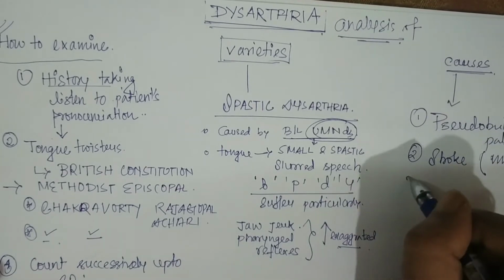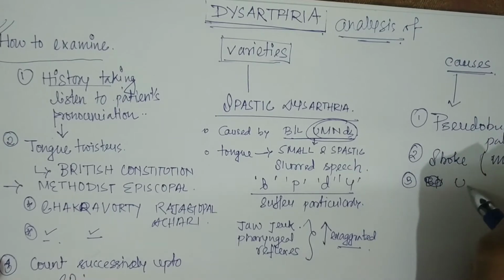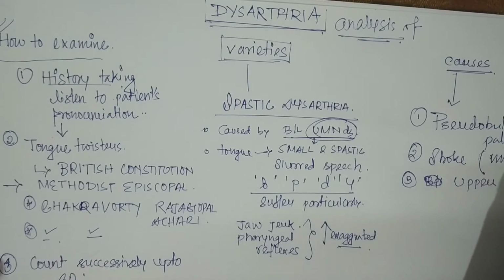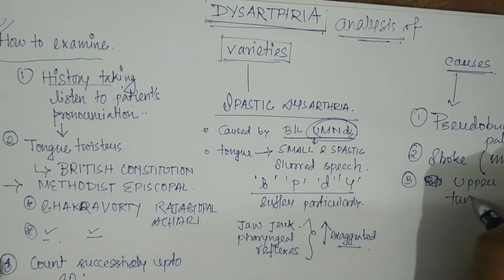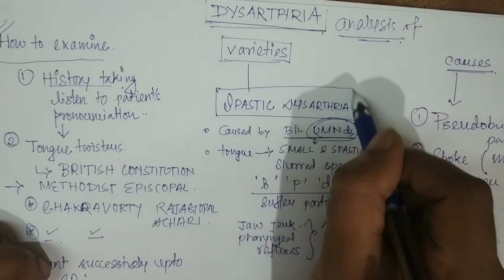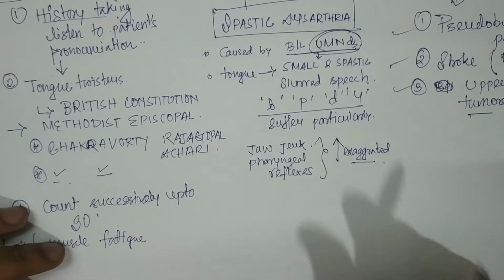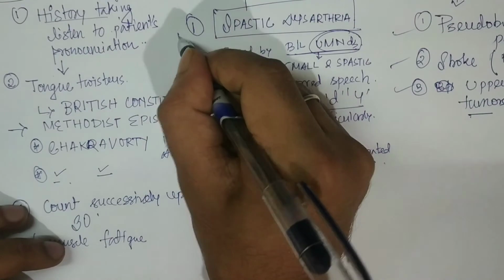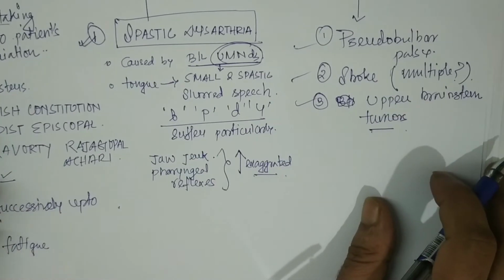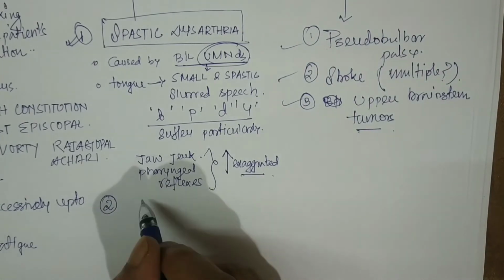Another thing is bilateral upper brainstem tumors. So these are the causes of spastic dysarthria, all upper motor neuron types. Another variety, if we term this one, the second variety is hypokinetic dysarthria.